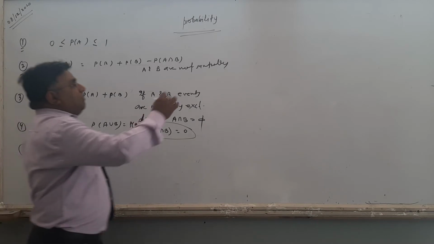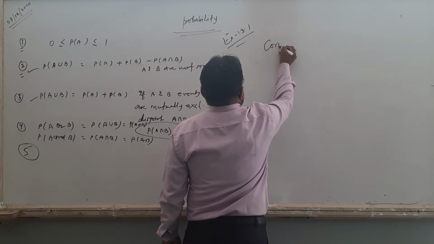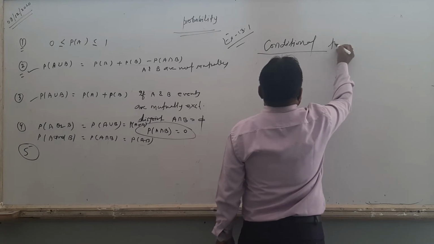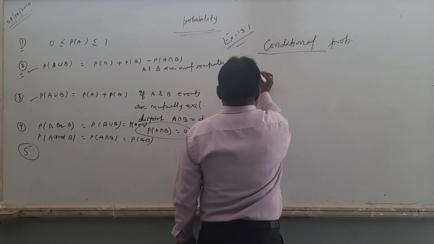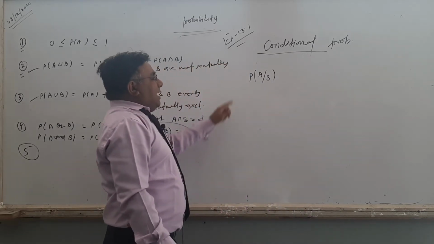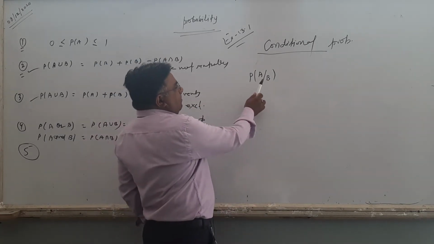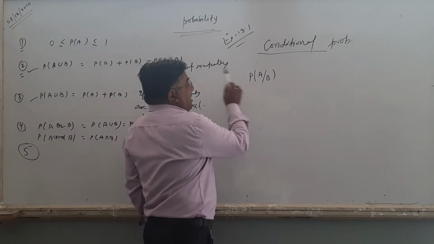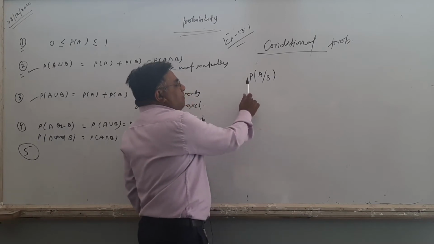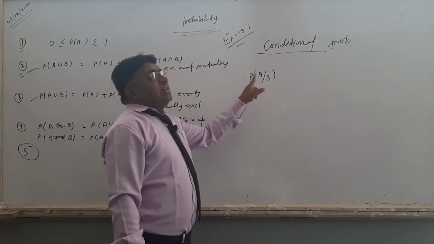Probability exercise 13.1 depends on conditional probability. Conditional probability, you know, student, means probability of A upon B. What is the meaning of P of A by B? First thing, that is the probability of event A when B has occurred. When event B has already occurred, finding the probability of event A under that condition. So what is the meaning of P of A by B? Probability of event A, you have to find when B has occurred, right?